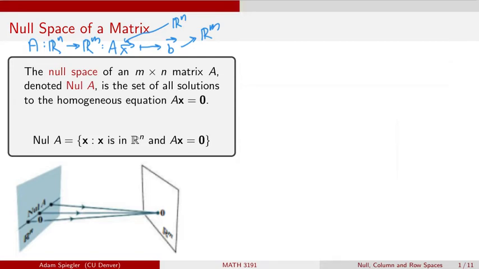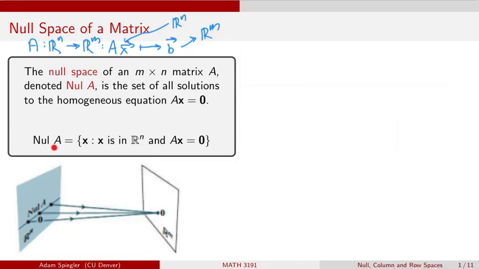So the first subspace I want to take a look at is what's called the null space of this matrix A. We use the notation Nul, we cut off one L, to denote the null space of a matrix A. And by definition, this is going to be the set of all vectors x which sit in Rn, in the domain, such that when we multiply matrix A by this vector x, we get the 0 vector, which is in the codomain Rm.